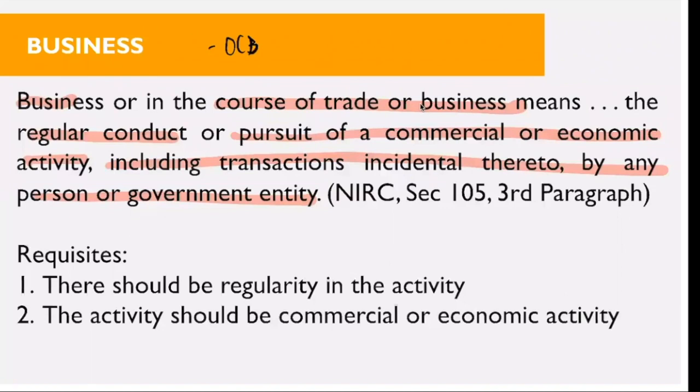Okay, so looking into this definition, we have these two requisites. First, there should be regularity in the activity. Why? Because again, in your definition, it is a regular conduct. So there must be regularity in the activity. When we talk about regularity, it means that there must be a habitual engagement or activity of the business.